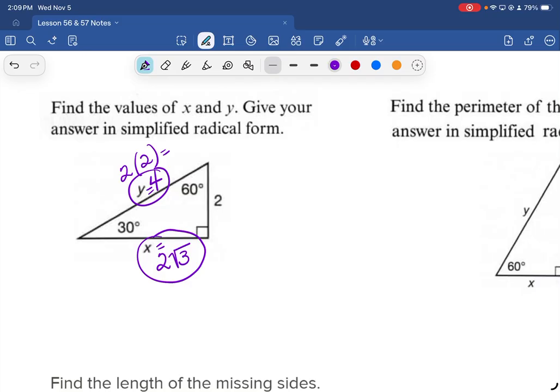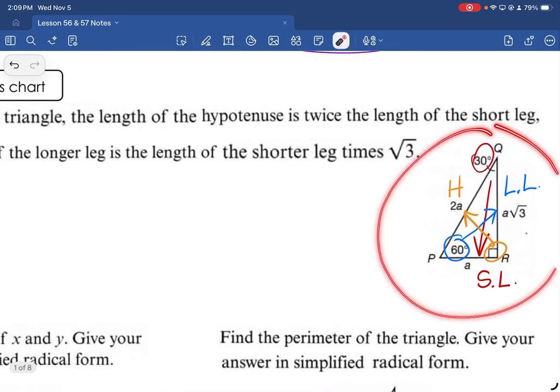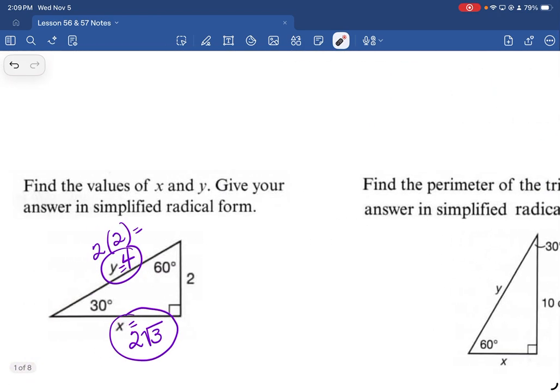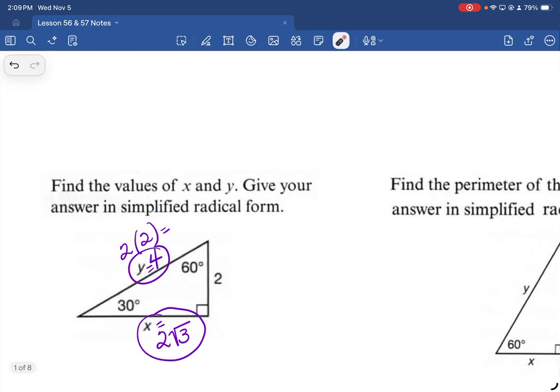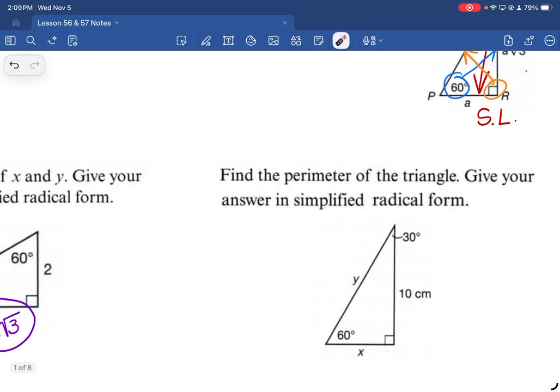So as long as you know this formula over here, you're all set. So what did you get for that? For the answer, we got y equals 4 and x equals 2 root 3. On our answer pages, you want both of those, y and x, especially if it says find both.